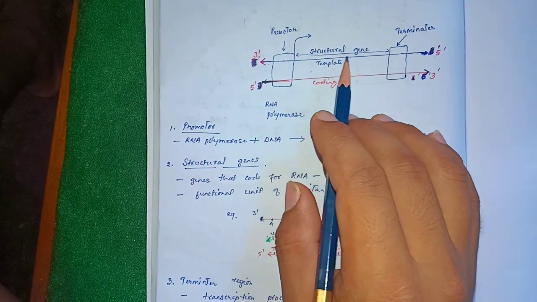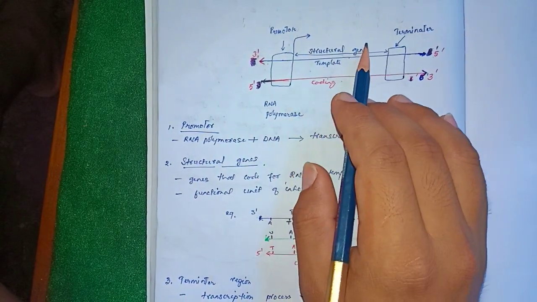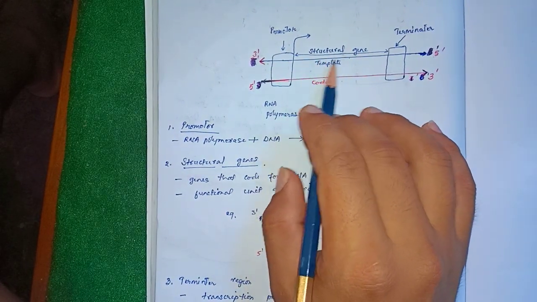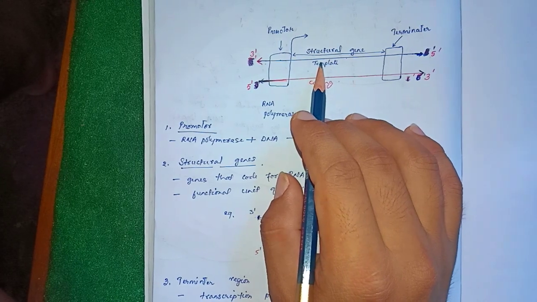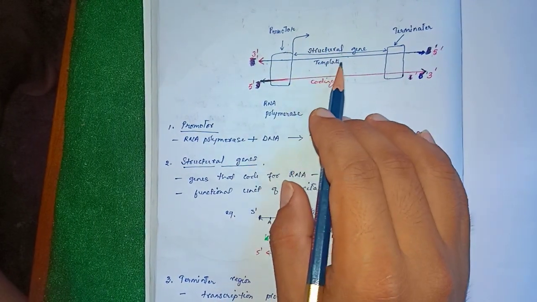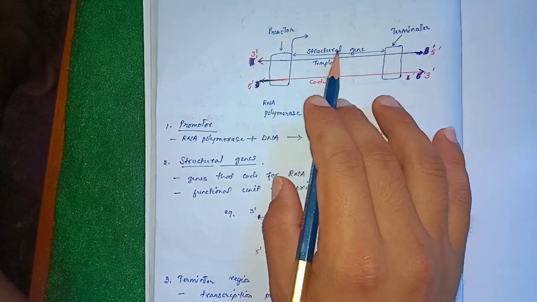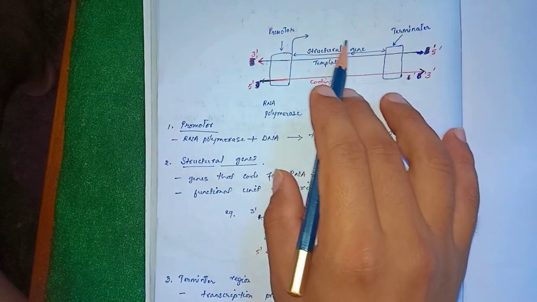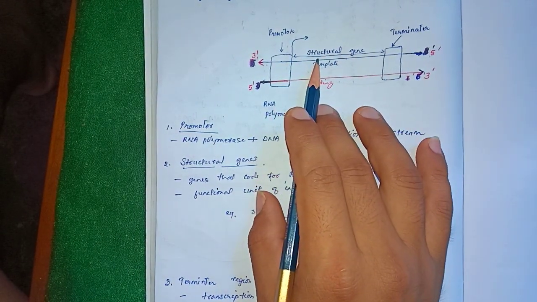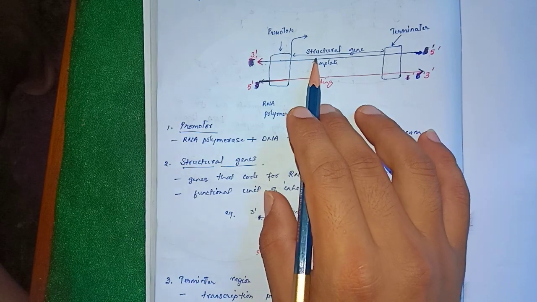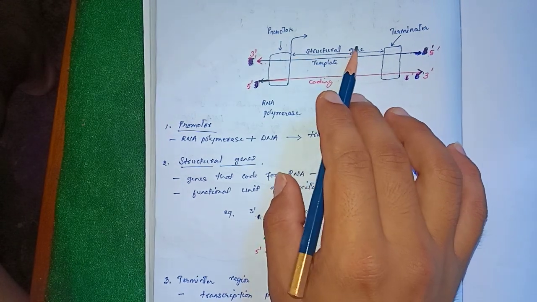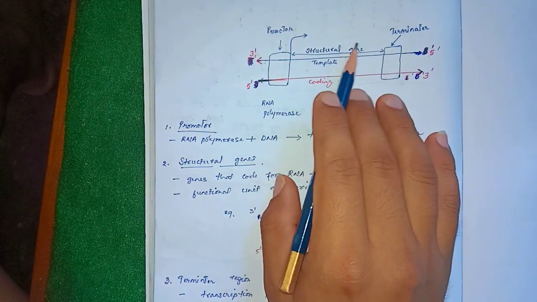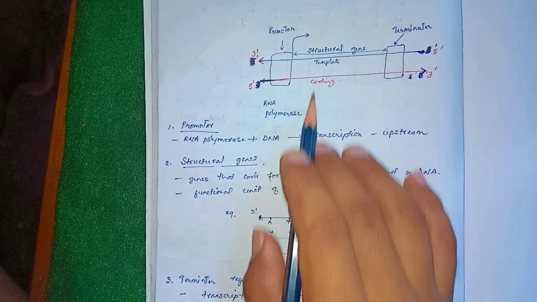This structural gene is the gene that transfers the genetic information to the RNA, and hence this region of the DNA serves as a template for the synthesis of a particular amino acid. Therefore, this structural gene is also the functional unit of inheritance. That means the genetic information is being transferred from this template strand of the DNA.